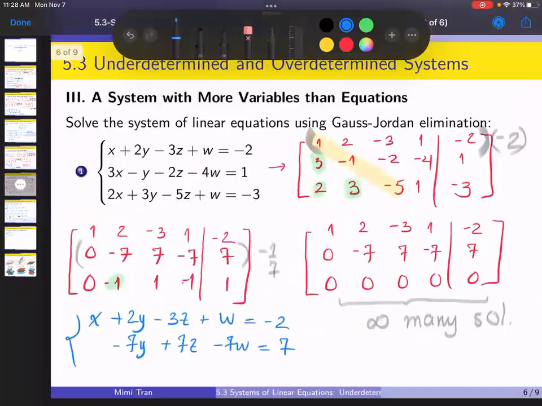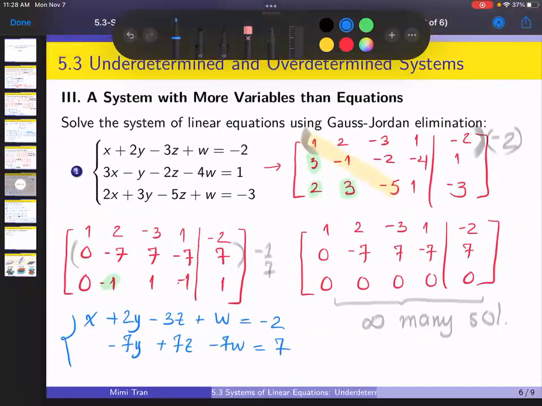The bottom line is that if I give you more letters than rows, what kind of solution do you have? Infinitely many solutions. It's true for any case. If you have more letters than rows, then it's always infinitely many solutions. What's the point?